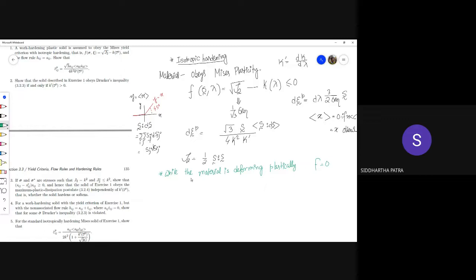F is always 0, which basically means if I take the differentiation of F, that also equals 0.